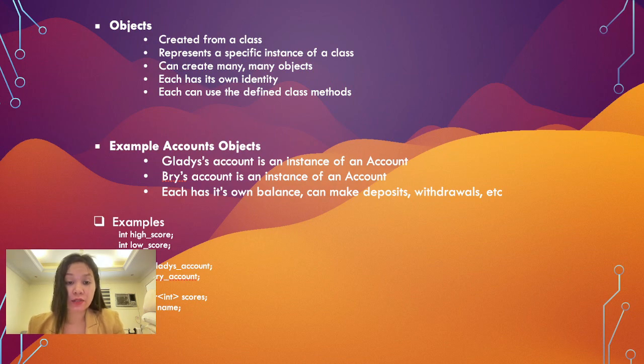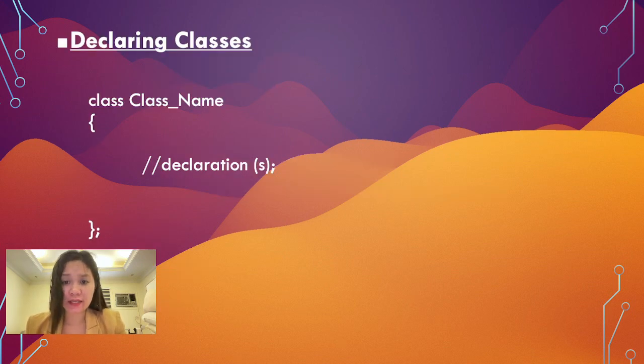Account Gladys_account; and account Bryce_account; std::vector scores; and then std::string name. Declaring classes.